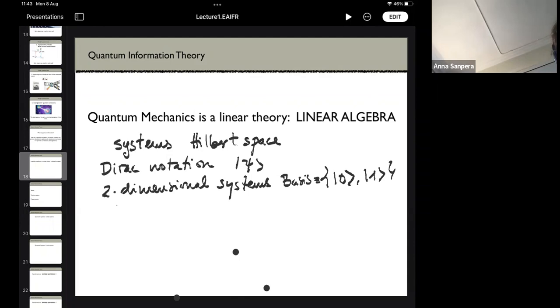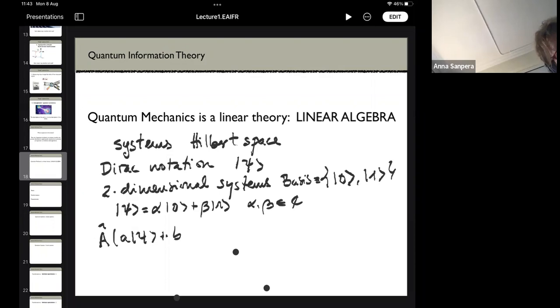Any other state can be written as a superposition of 0 plus 1, where, as we know, alpha and beta are complex numbers, and these have to sum to the identity. And operators, which are the transformations that we can do over our states, are linear. So A times phi plus psi, and this is very important because if not, the world would be very different, is nothing else than A acting on phi plus A acting on psi.